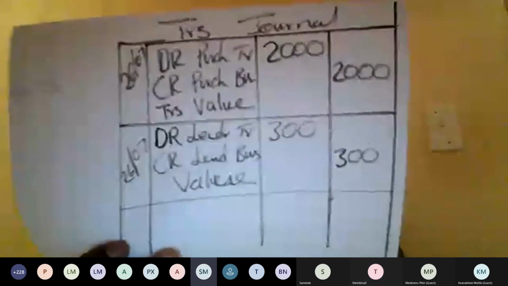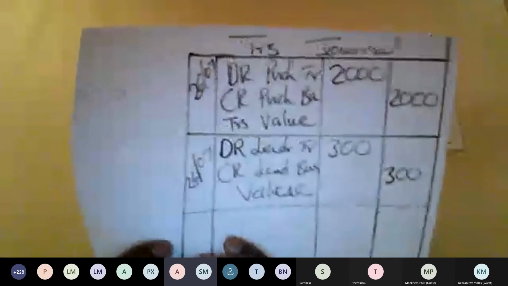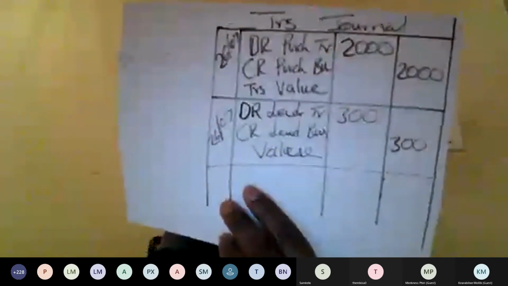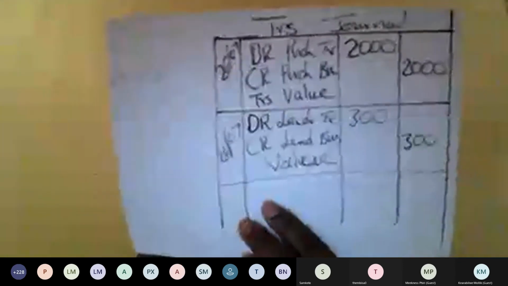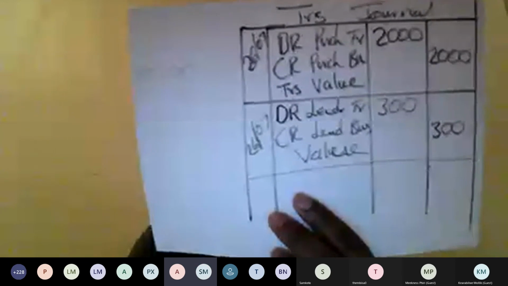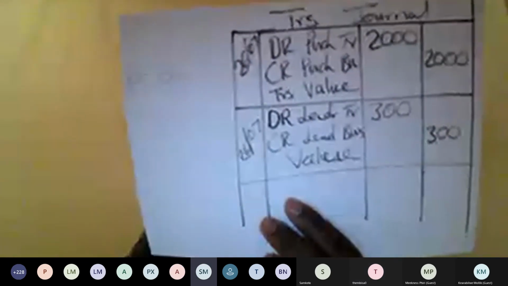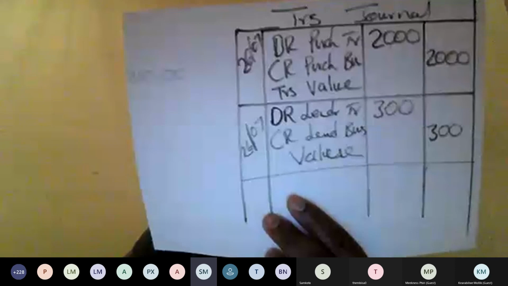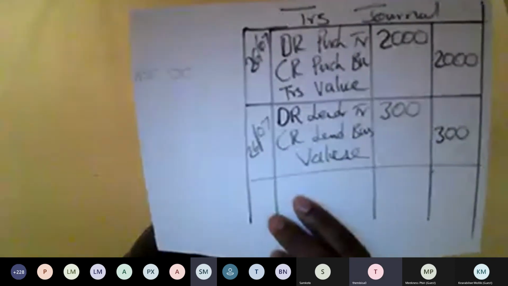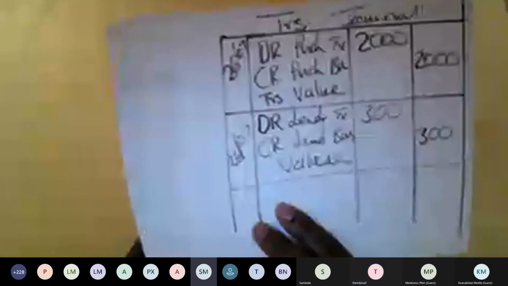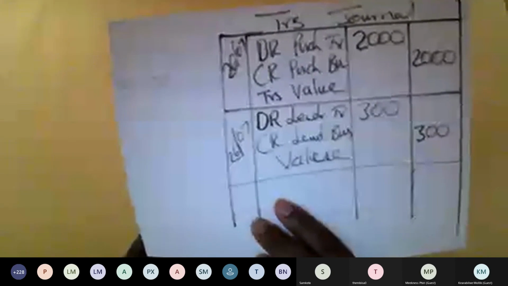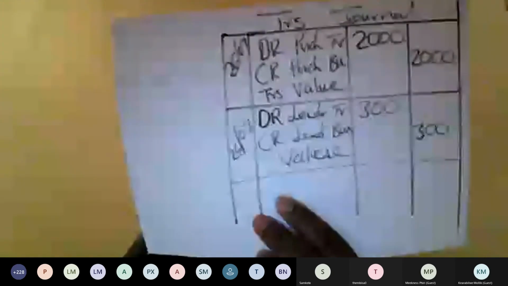Now, as it is, you post it to your ledgers. Now we go to the lender's trust ledger account, we are going to debit that 300 rand. 26 of 7. Value 300 rands.